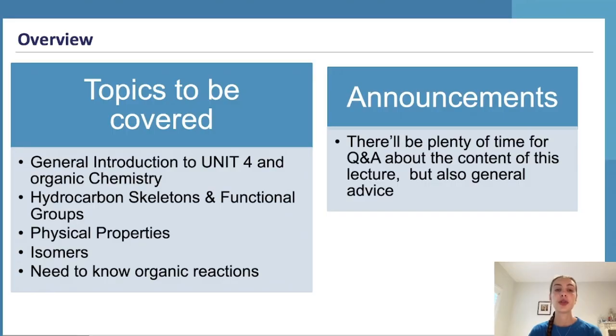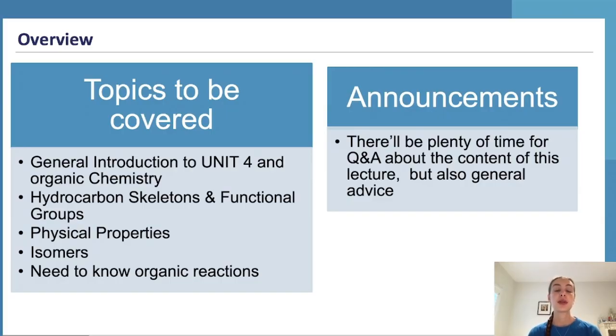Then we'll go on to focusing more on hydrocarbon skeletons and functional groups, then looking at the physical properties of these particular organic compounds and how physical properties of organic compounds are affected by the structure of the particular organic compound and its functional groups, so then relating that back to the first point.